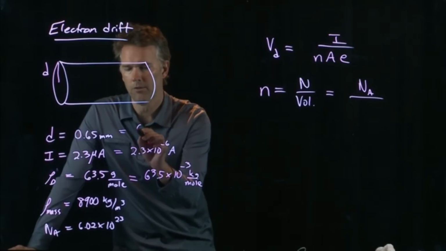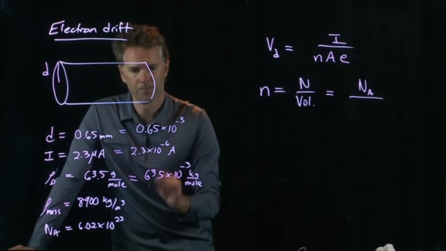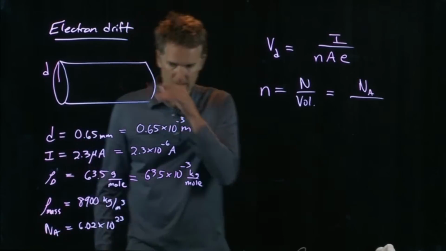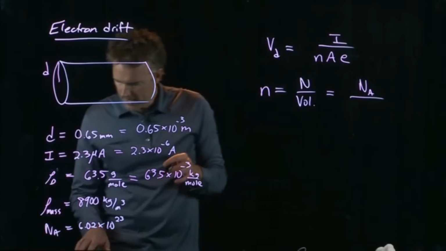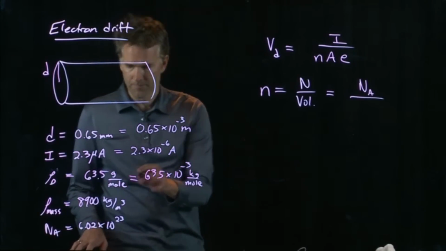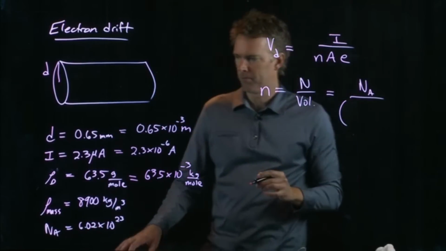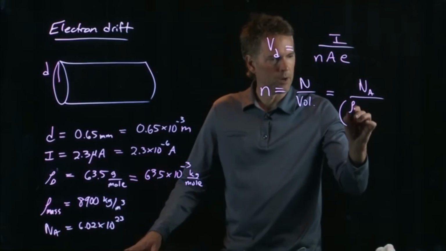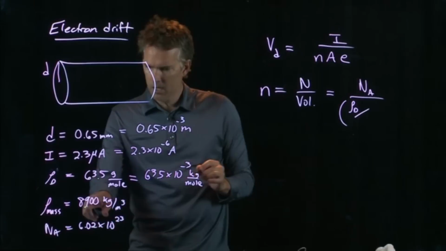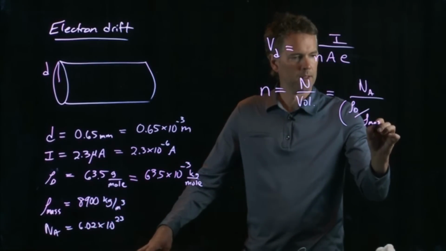It's 0.65 times 10 to the minus 3 meters. And then everything else is good. Okay, so down in the bottom, we're going to need this 63.5 times 10 to the minus 3 kilograms per mole. That's going to go right there. And then dividing that, we're going to need the mass density, rho sub mass.